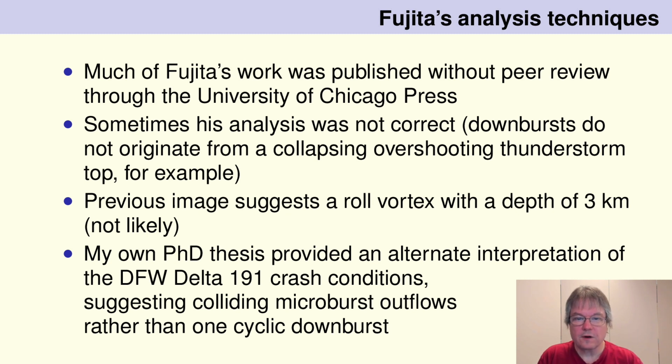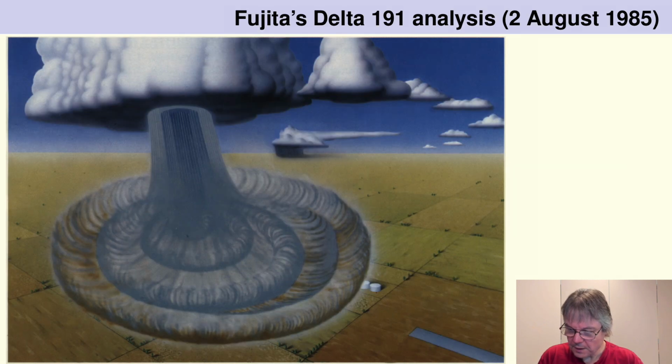My work at least suggested there may have been another scenario that explained what the aircraft encountered. This is a diagram from one of Fujita's books, on the cover or the first page, I think. It's an artist's depiction of the environment the Dallas-Fort Worth Delta 191 accident occurred in.